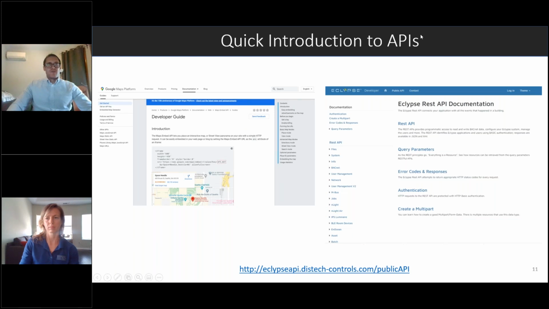So final thing, I just want to show here how these really work at a 30,000 foot level. What APIs are is they're just really well documented scripts of coding that are available so that developers don't have to reinvent the wheel.